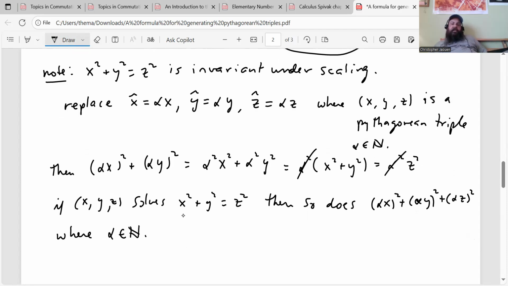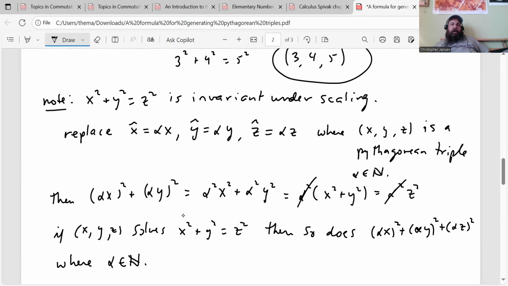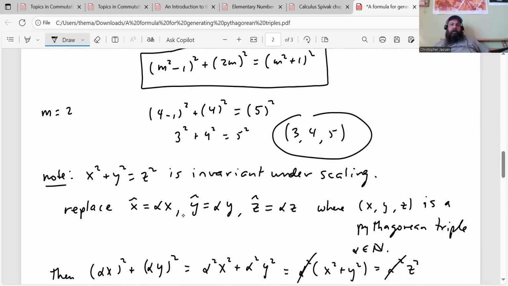Okay, so that gives us the general formula for generating Pythagorean triples. So we can take x to equal alpha times (m squared minus 1). We could take y to be, what was it, 2 alpha m, I think, right? Yeah, 2 alpha m.